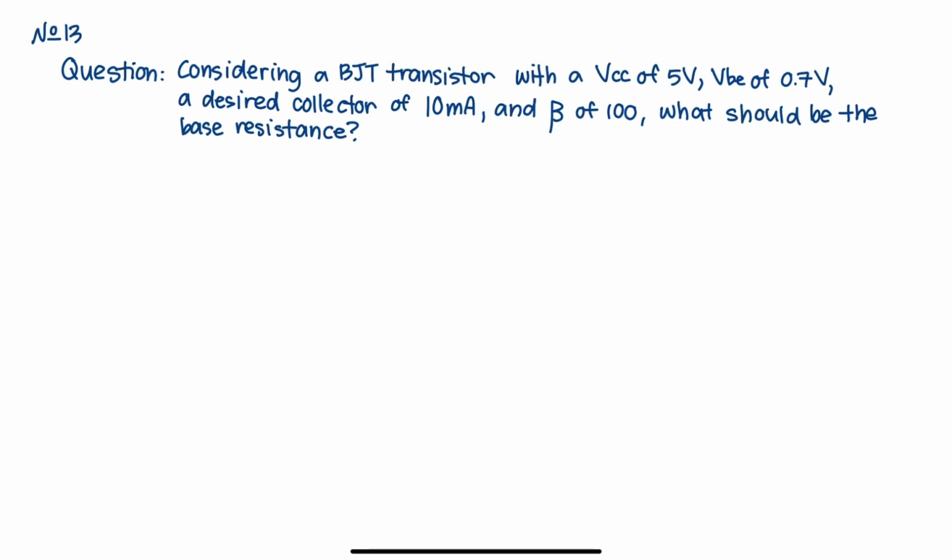In this case, we're going to use a very scary formula, which is RB equals VCC minus VBE over IB. Here, RB is resistance of a base, VCC is collector supply voltage, VBE is base emitter voltage, and IB is base current.